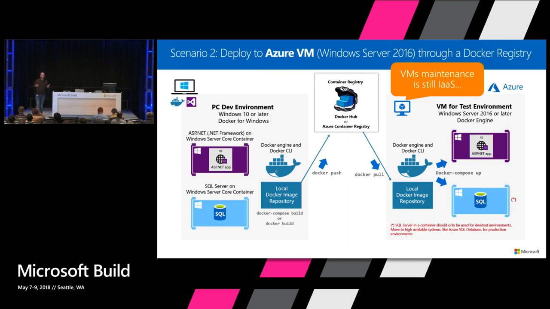It's a lot of work, a lot of infrastructure work. So that's why we have many other products for containers that will make it a lot easier for you than when using VMs, okay? In the case of Windows containers, it has to be Windows Server 2016 or later with Docker Engine.